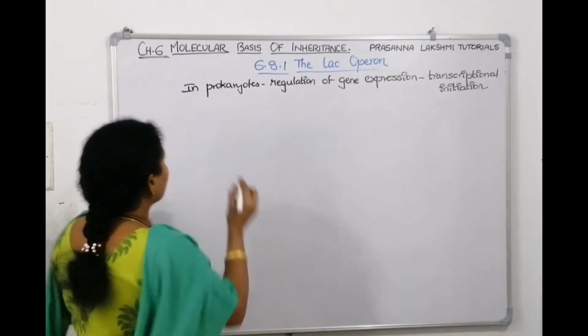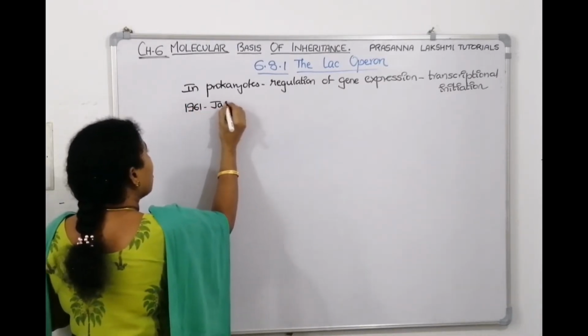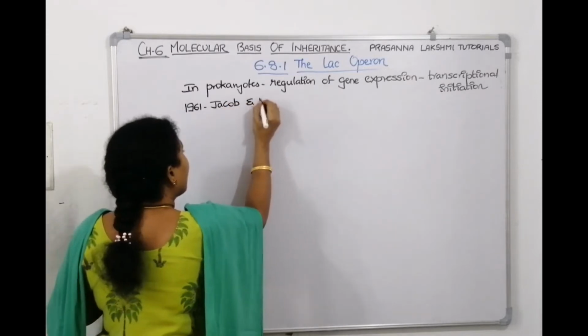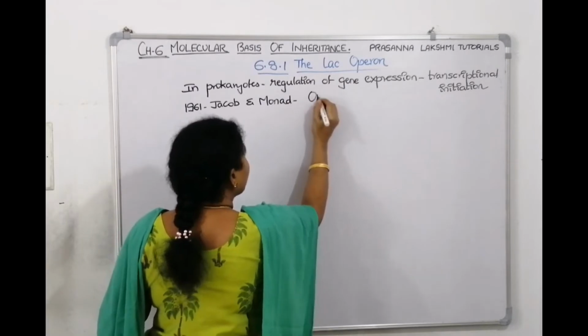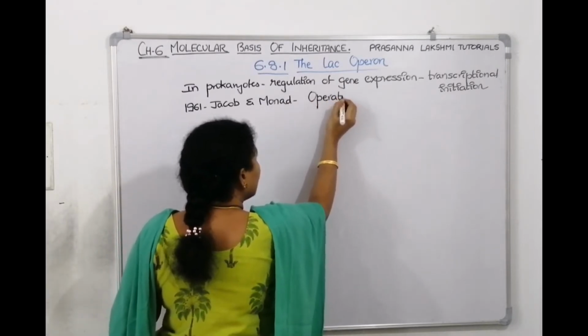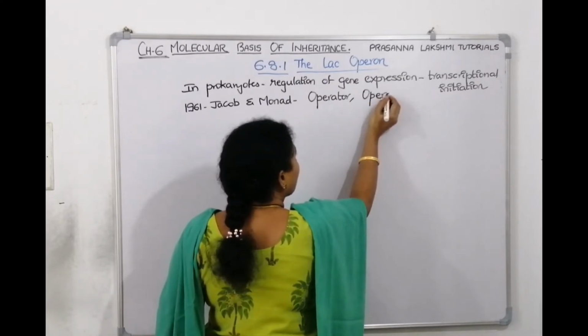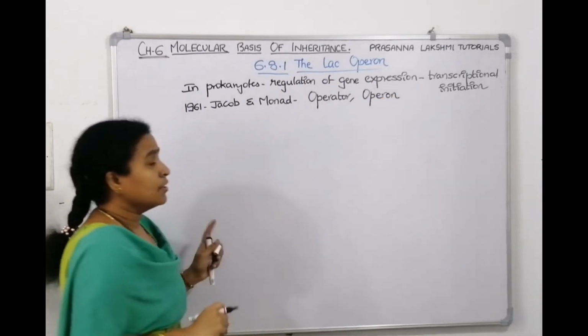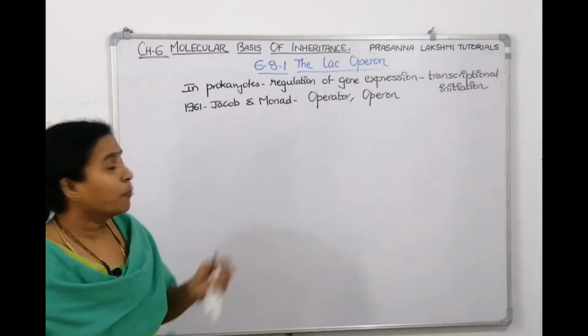So in 1961, Jacob and Monod coined the term operator. They used the term Operon also. Till then these words were not there. They introduced the term operator and the term Operon.